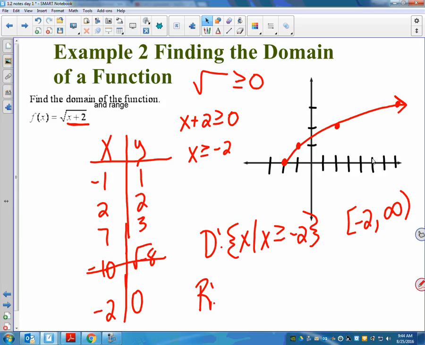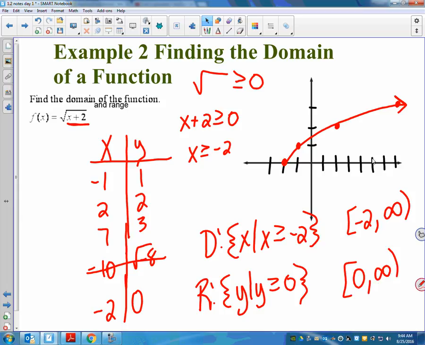And that should make sense, because if there's nothing outside of this radical, we can't get anything smaller than 0 out of there, because the square root's always positive. And so my range is starting at 0 and going towards infinity. Very slowly, but it's going towards infinity. So I could say that my y or my range is greater than or equal to 0, or what would that be in interval notation? 0 to infinity.